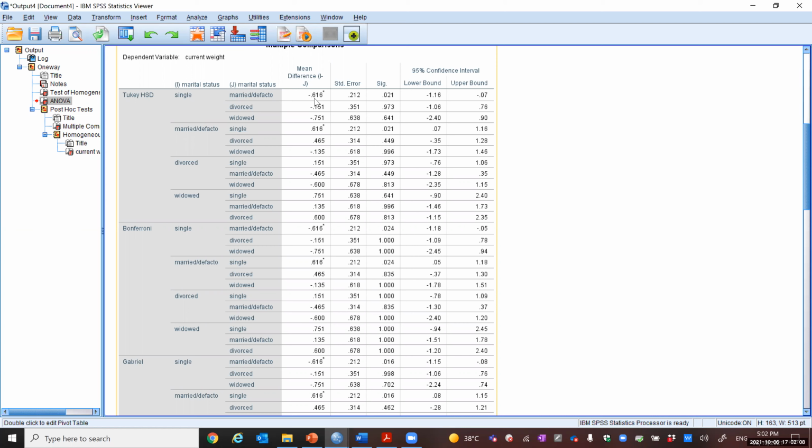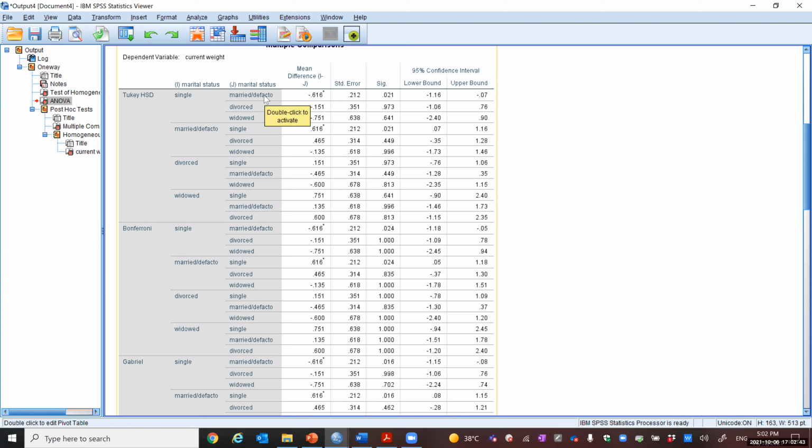You can see that this is flagged. There is a star on top of that statistic, and this is significant. It's 0.021. So this difference is significant at a p-value less than 0.05. So we can say that there are significant differences on weight between single and married.